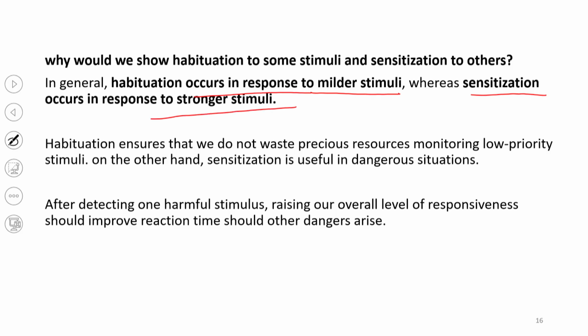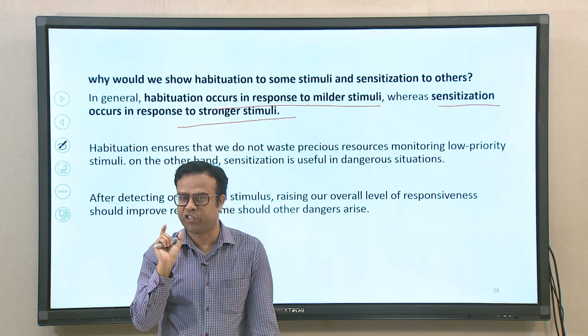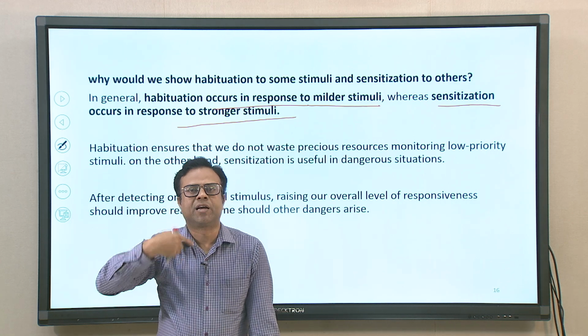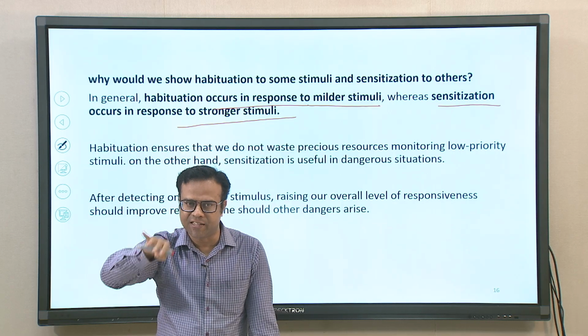As a general law, whenever a stimuli is mild and harmless, we generally get habituated to it, we stop paying attention to it. But when a stimuli is very strong and possibly there are some dangers associated with it, we become more sensitized towards it, or sensitivity increases, or sensitization occurs.